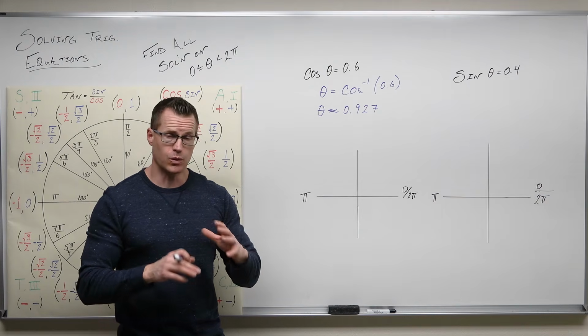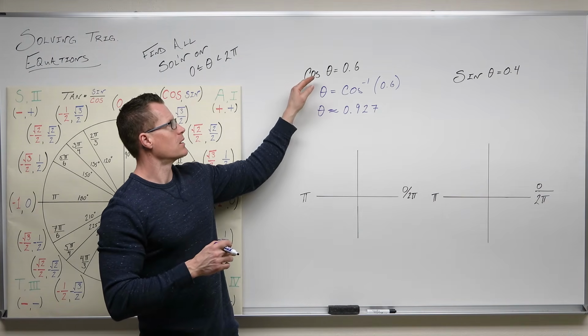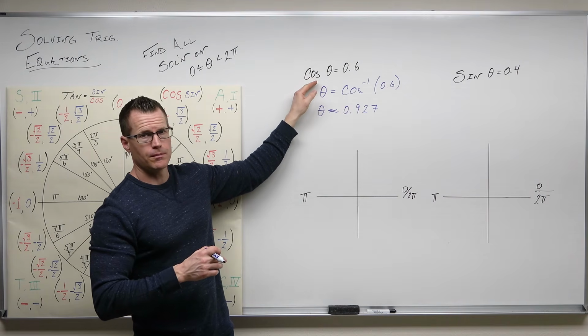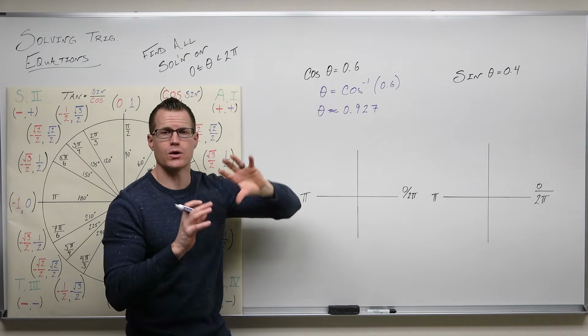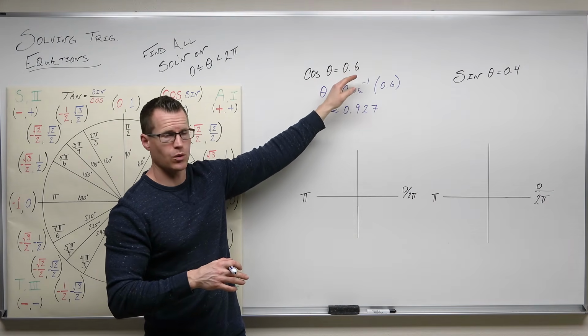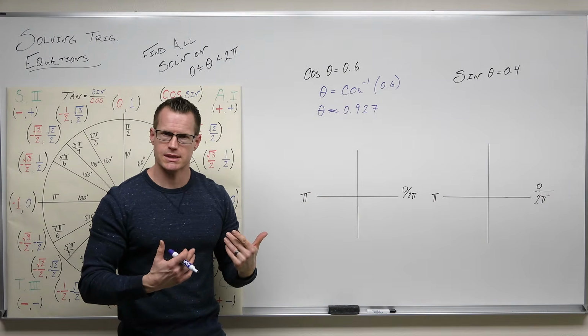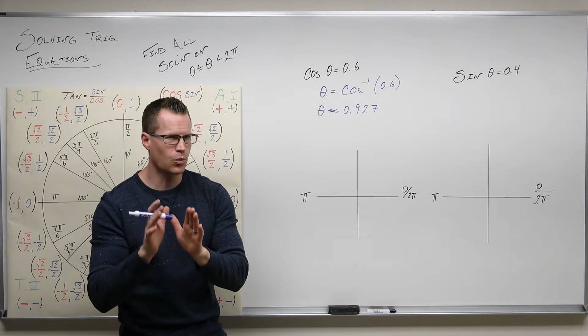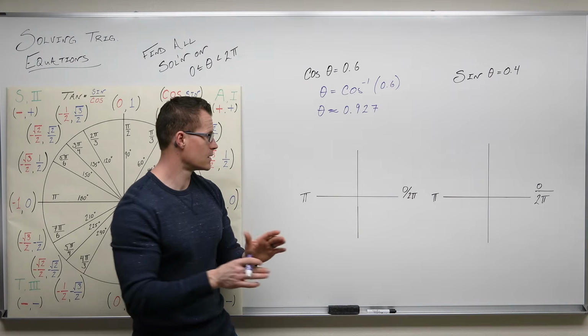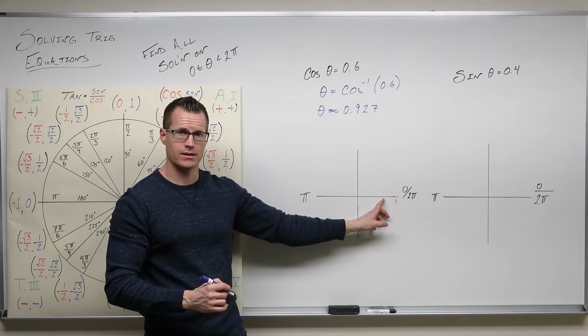What this says, oh man, I hope you remember it, is: what is the angle that gives me an x-coordinate? Cosine is always an x-coordinate. So cosine of what angle gives me an x-coordinate of 0.6? Where is an x-coordinate of 0.6? If that's 1, 0.6 is about right there.